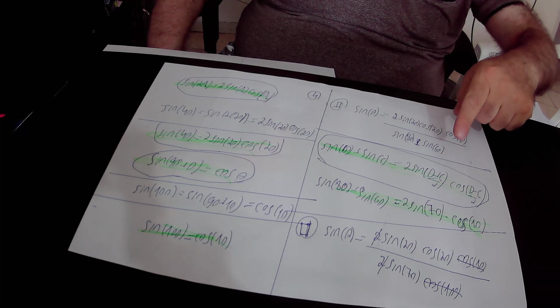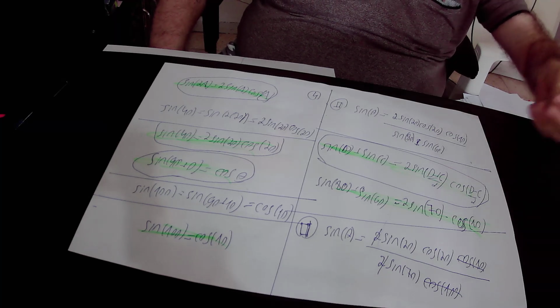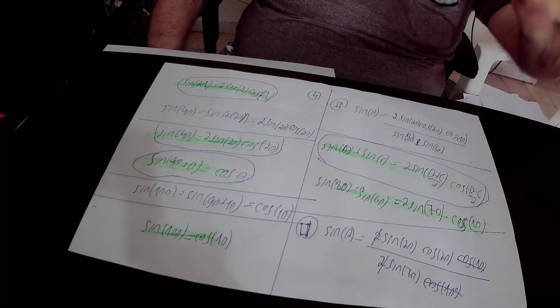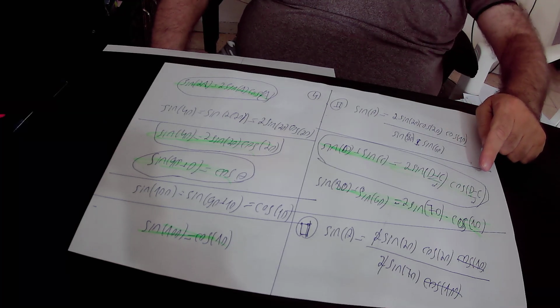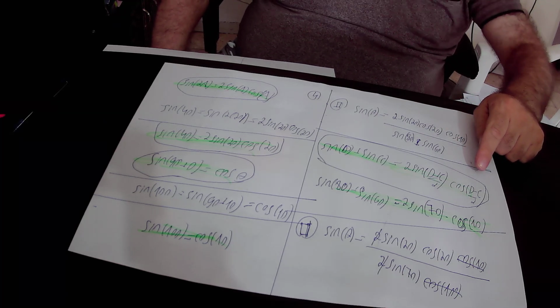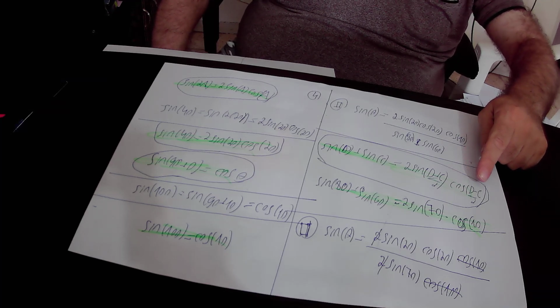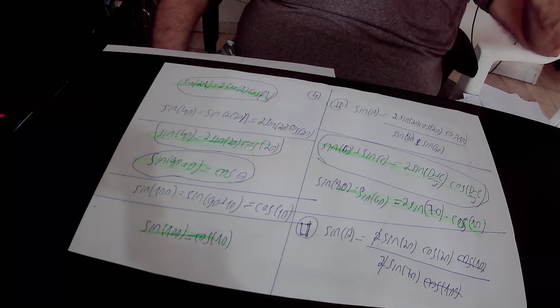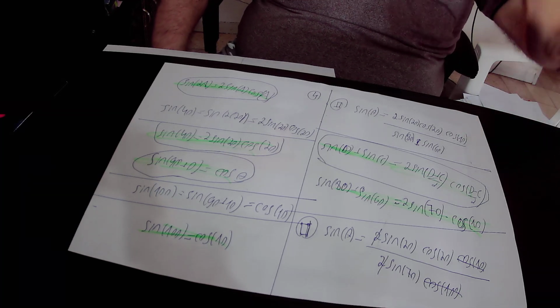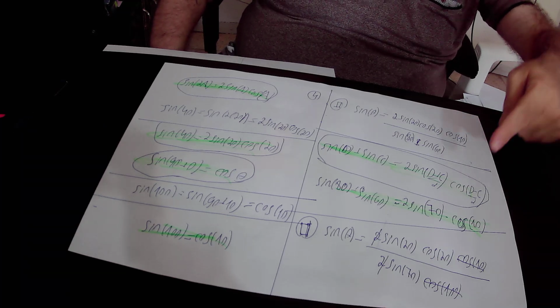D is 80, C is 60, so 80 plus 60 is 140, and 140 over 2 is 70. So it is sin 70 degrees times cosine of (D minus C) over 2. 80 minus 60 is 20, and 20 over 2 is 10. So in conclusion, sin 80 degrees plus sin 60 degrees equals 2 times sin 70 degrees times cosine 10 degrees.